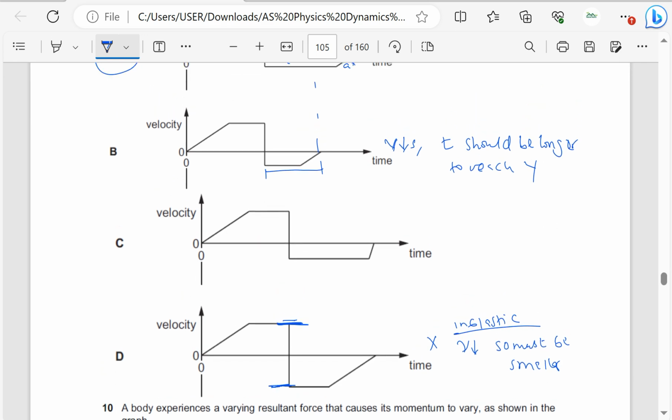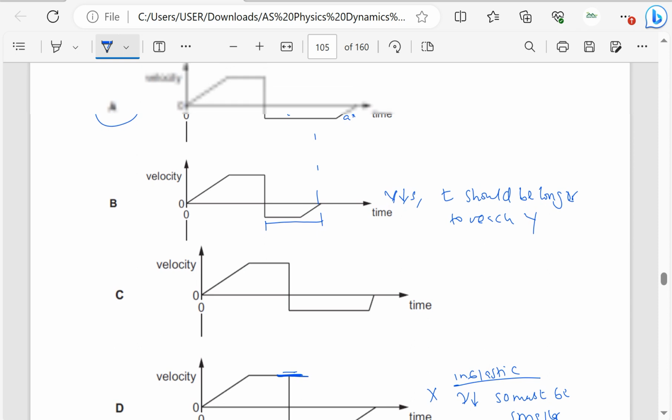So we had to choose between C and A. In both cases, acceleration is constant. Acceleration goes to 0.